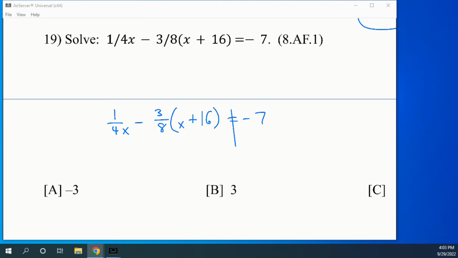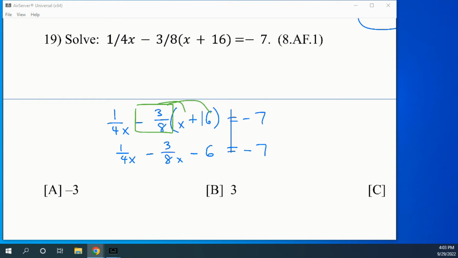I have distribution. So I'm going to bring down the 1/4 x. This is a negative 3/8 that we are going to be distributing. This is minus 3/8 x, and then negative 3/8 times 16 gets me negative 6 equals negative 7.